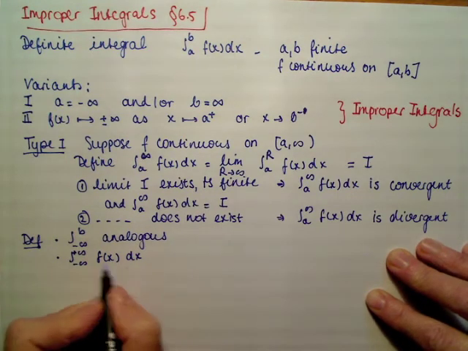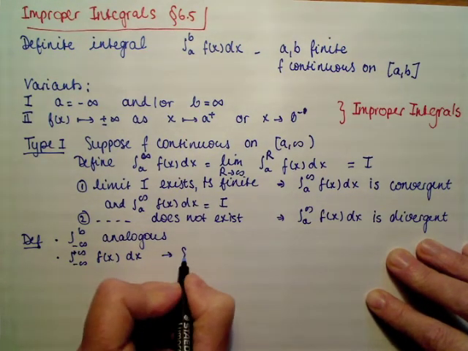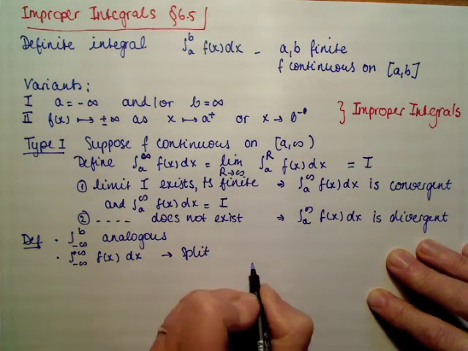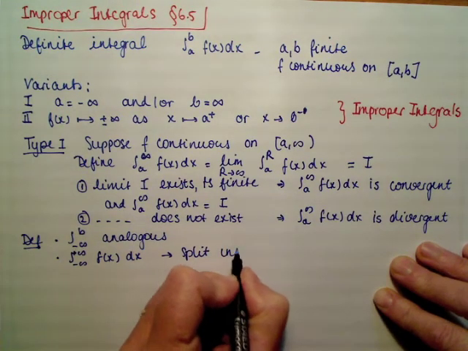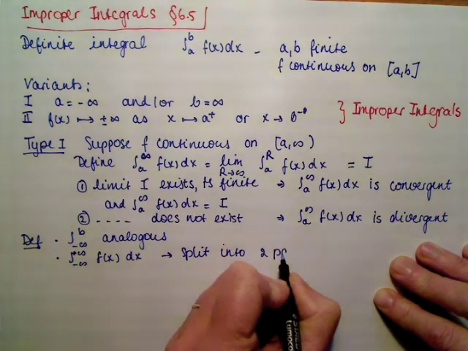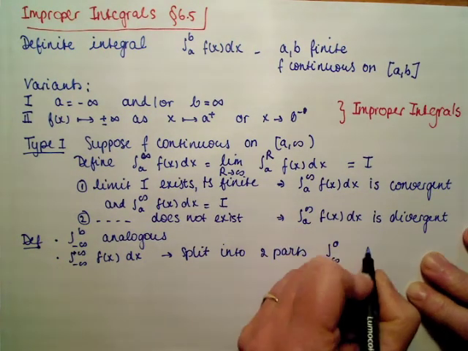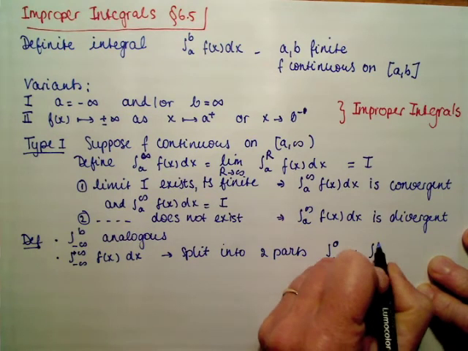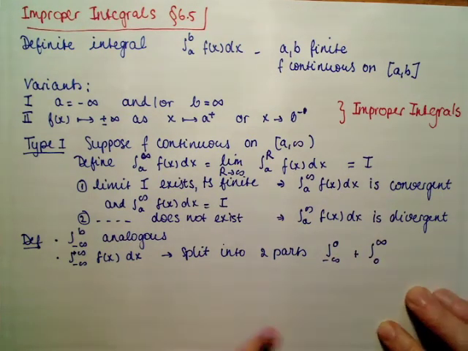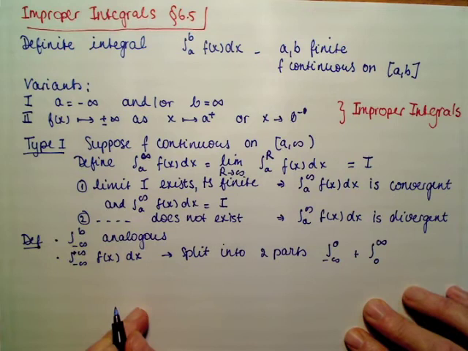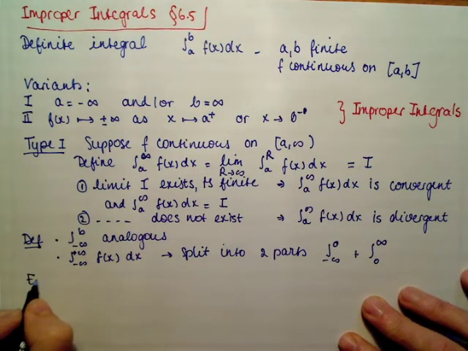What you have to do in this case is just split the integral into two parts, from, say, minus infinity to 0, that is arbitrary, and a part from 0 to infinity, and consider both of these terms separately.